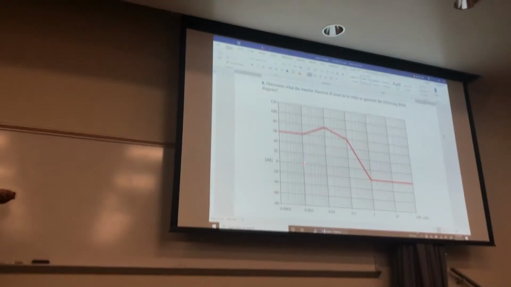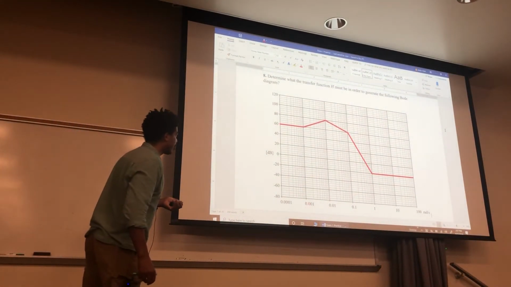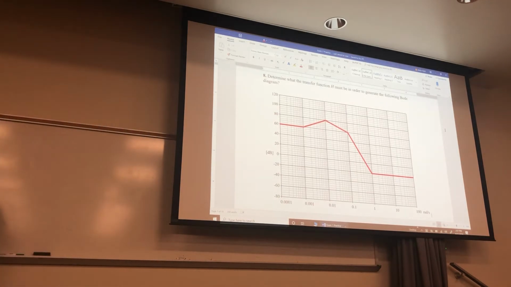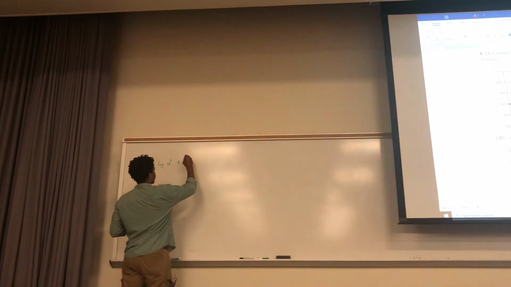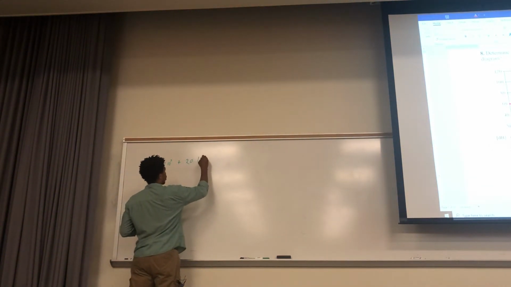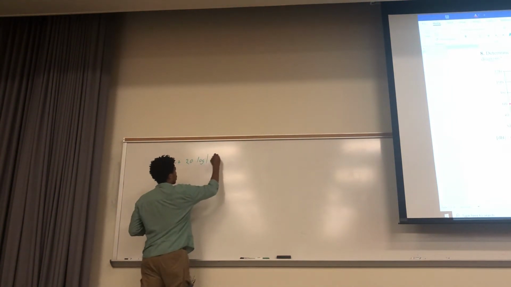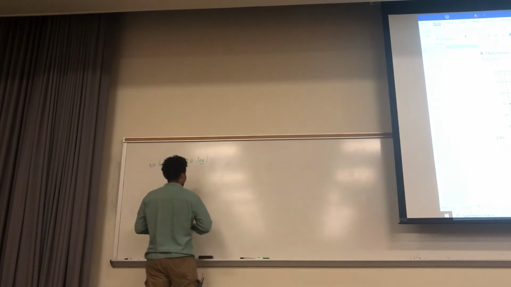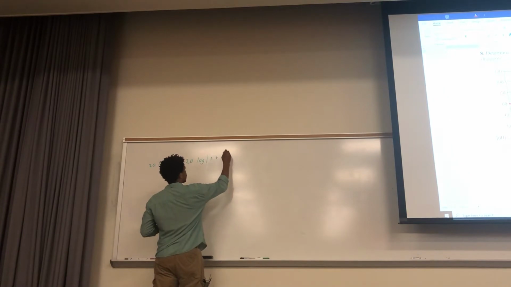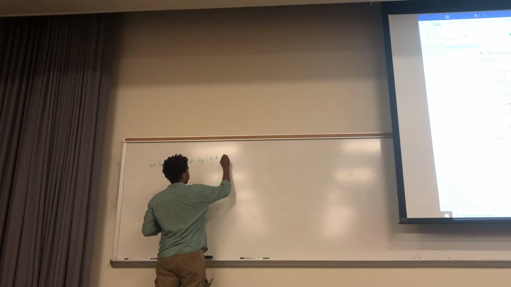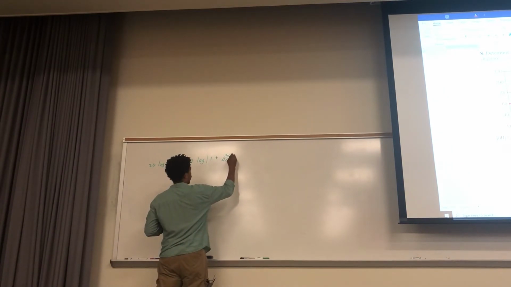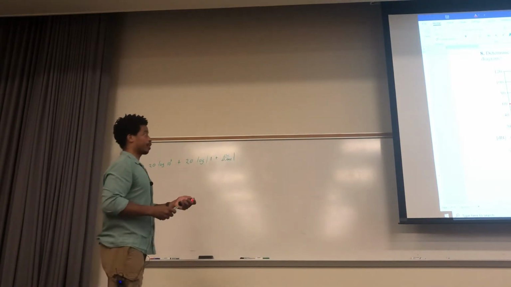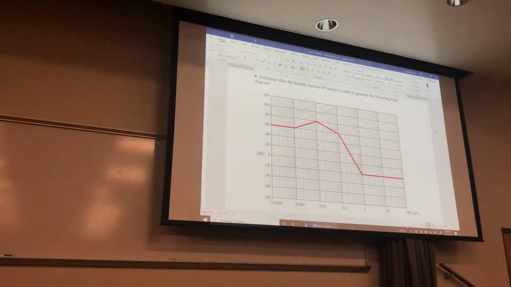This piece right here, the cutoff frequency is 0.001. And so that's going to be plus 20 log of 1 plus j omega over 0.001. That's that one right there. And that's just going up at 20 decibels per decade. So the first order.